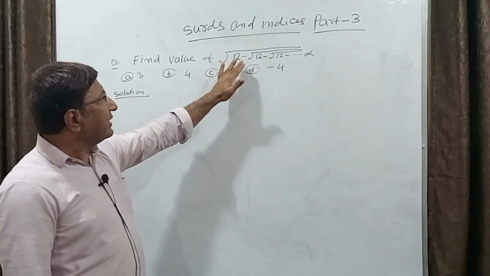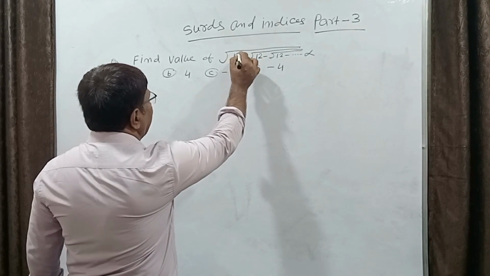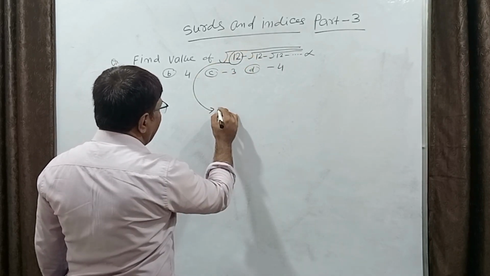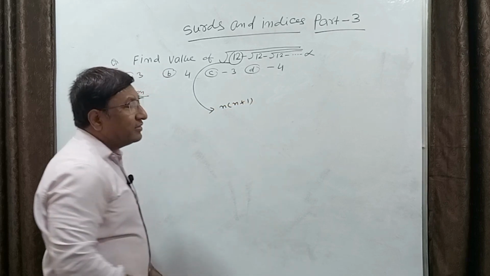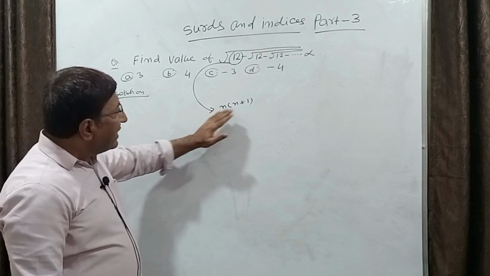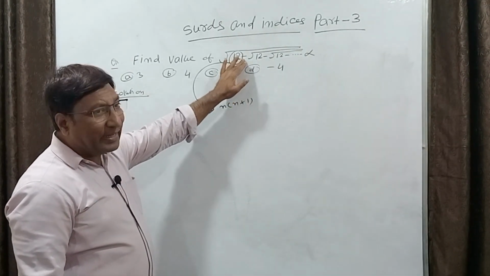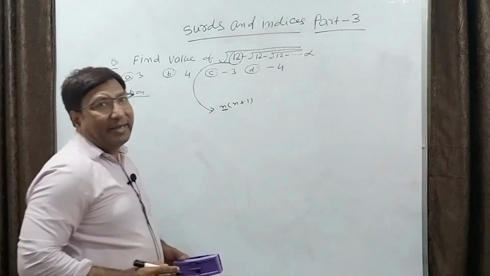When there is a question like this with minus given, again you make factors of the given number in such a way that it is n into n plus 1, that means one number and the next number whose product is this number. If there is a negative sign, we will take the smaller one.